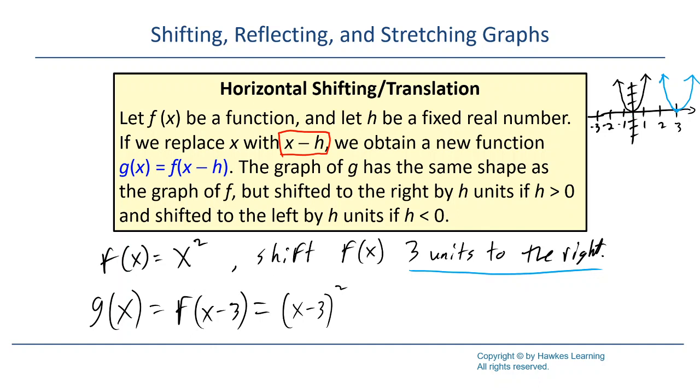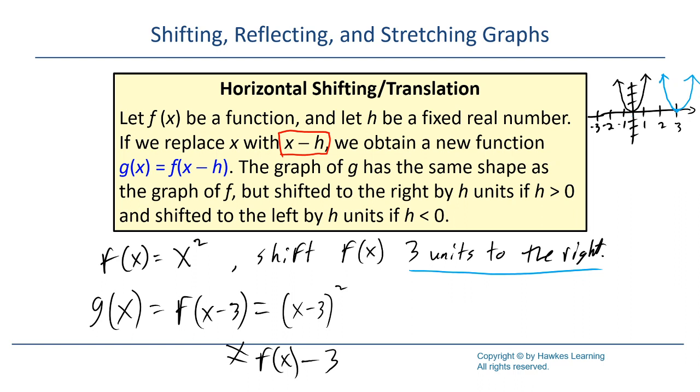The biggest mistake that I see way too many times, and I'm going to go ahead and say it now to prevent anyone from making this mistake, is this. f of x minus 3 does not equal f of x and then just subtract off 3.